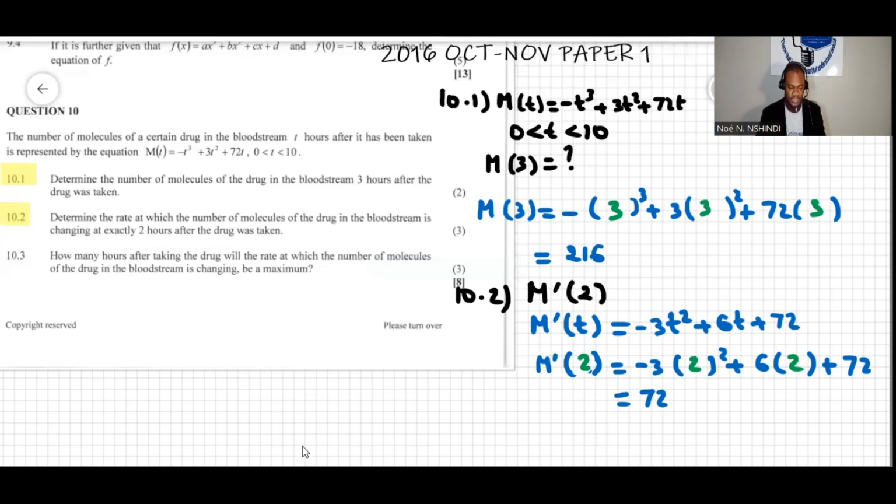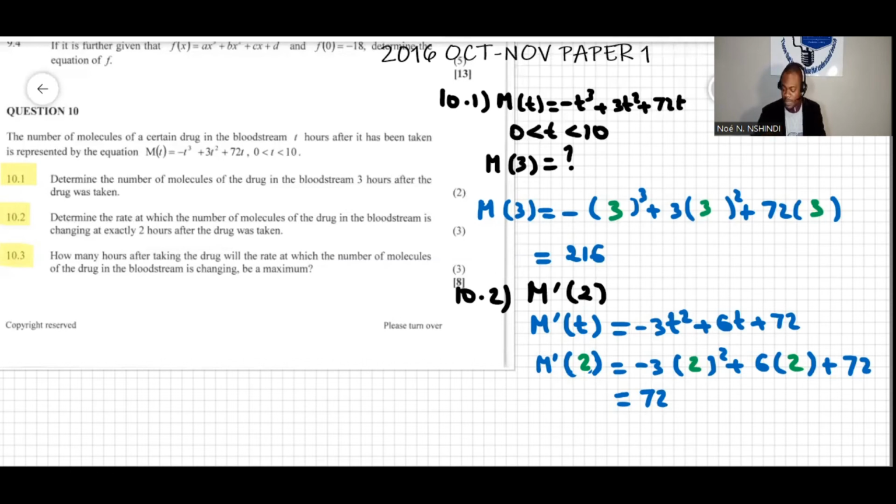Now, that was question 10.2. Question 10.3 says, how many hours after taking the drug will the rate at which the number of molecules of the drug in the bloodstream is changing be a maximum?